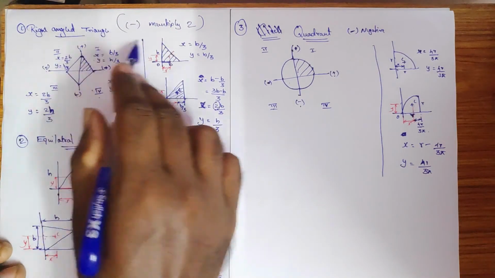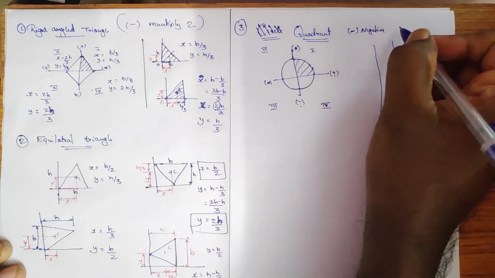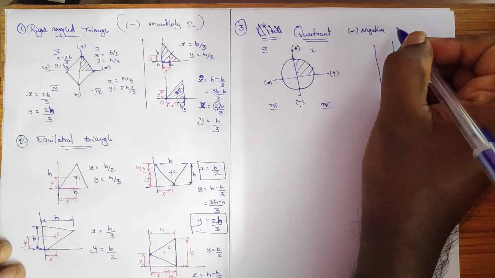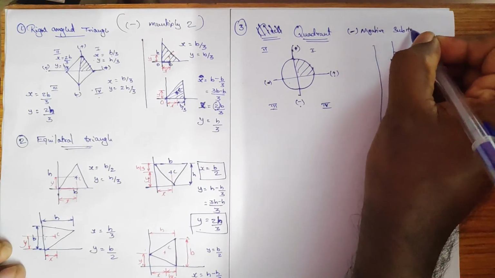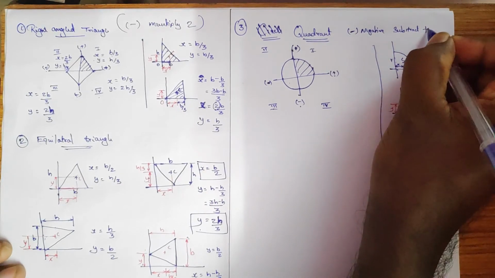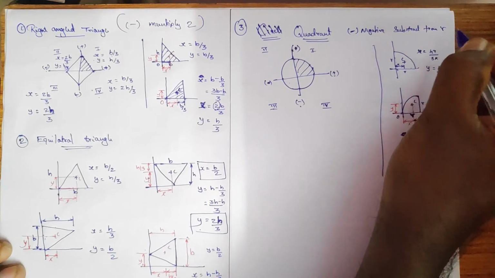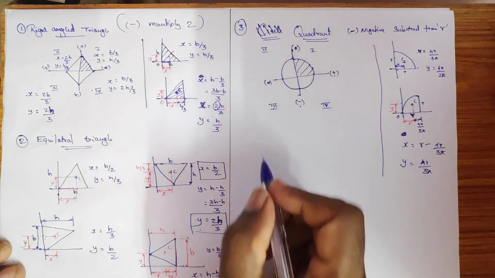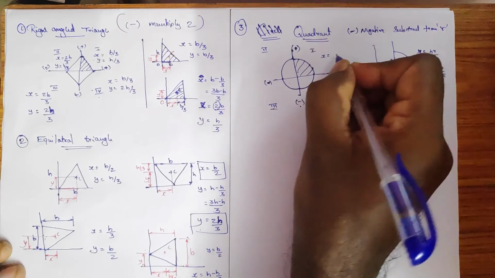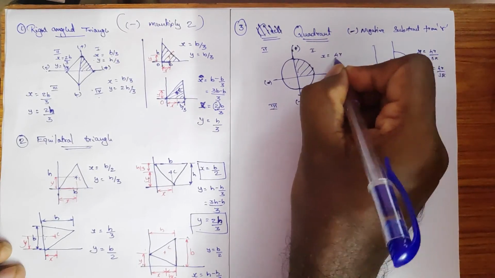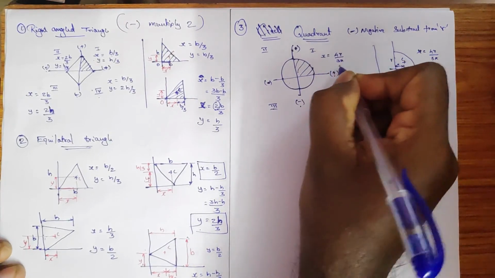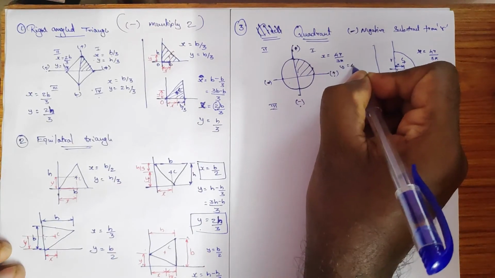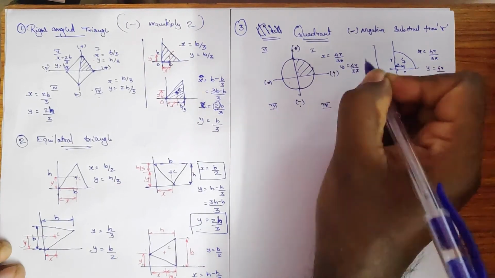just like the right angle triangle, here you need to subtract from the radius r. Okay, that means for the first quadrant it is the normal one, x is 4r by 3 pi and y is 4r by 3 pi.